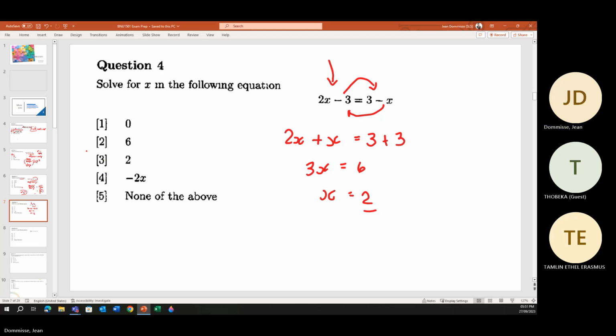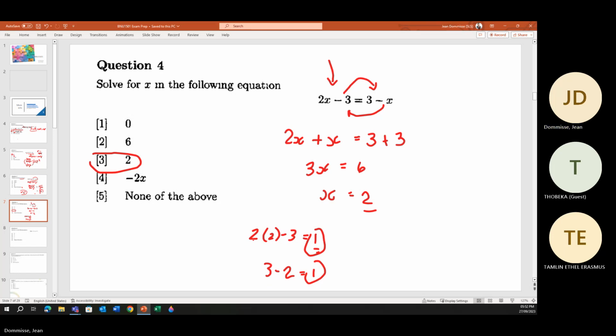Okay, so there was option 2, but let's put it back into the equation. So 2 times 2 is 4. 4 minus 3 is equal to 1. Okay, so let's put in 3 minus 2, which is also equal to 1. So if you want to test your answer, you can always put that x value that you calculated back into your equation and test it.